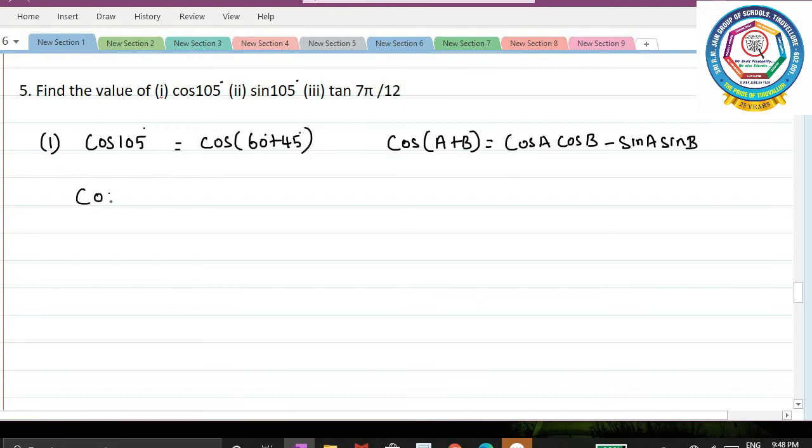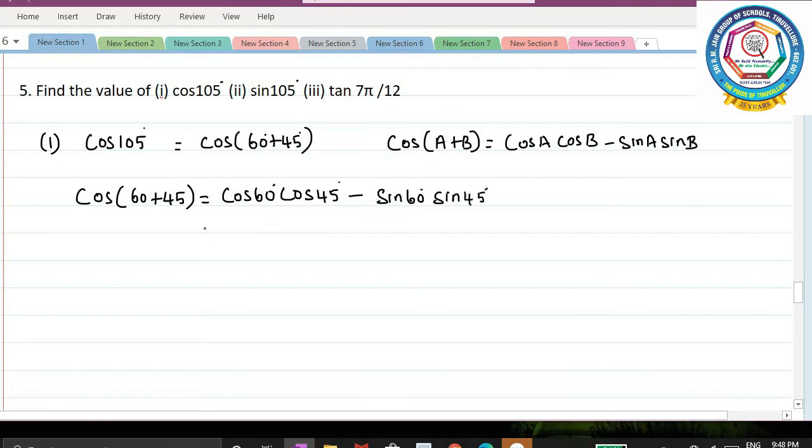So cos of 60 plus 45, that is equal to cos 60 into cos 45 minus sin 60 into sin 45 degree.